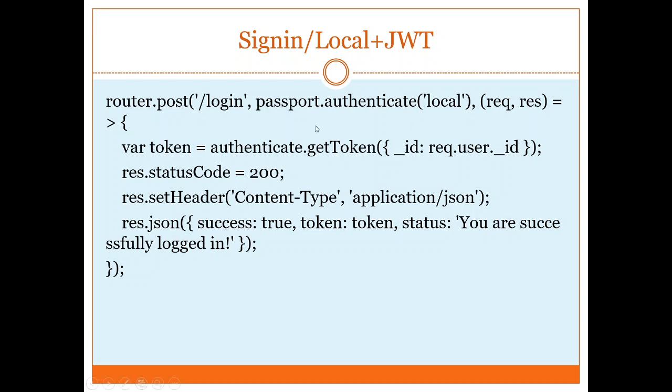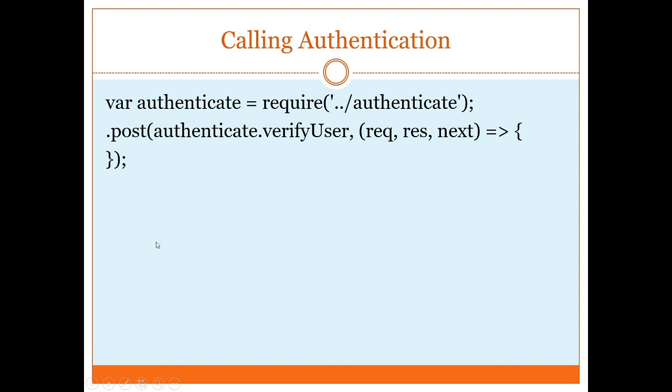After logging in, we provide the token using authenticate.getToken, and give the token to the end user. In subsequent requests the user is required to send the token. Whenever the user requests some information, it is verified with verifyUser, and then the user can go ahead with it.